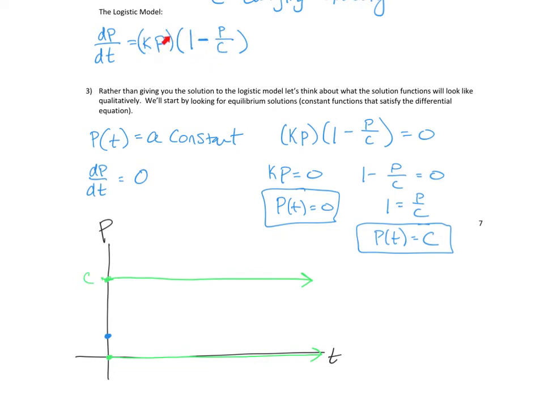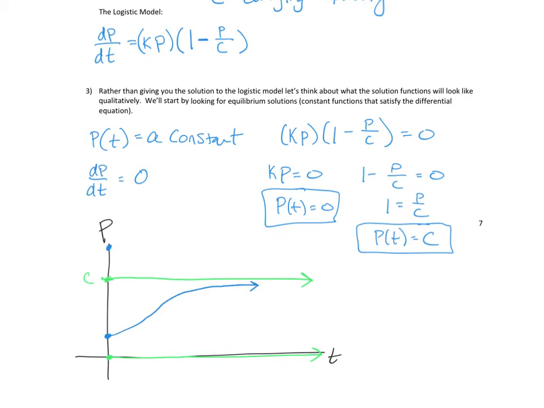This is a positive number, which means dP dt is positive. Positive times a positive gives a positive. And when the derivative is positive, the function P of t is increasing. So that means that this is going to increase, but it's not going to surpass the carrying capacity. So it would go do something like that.